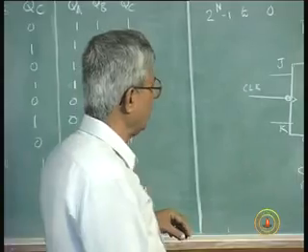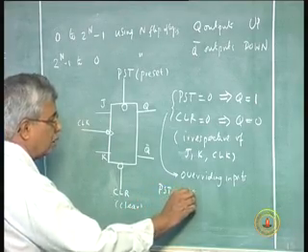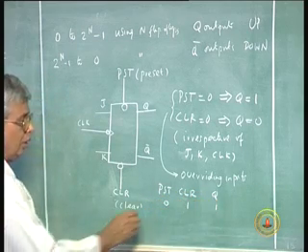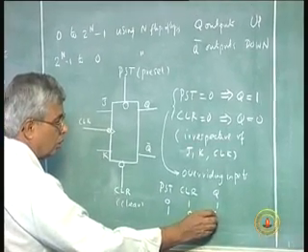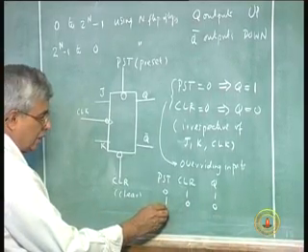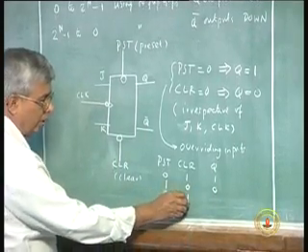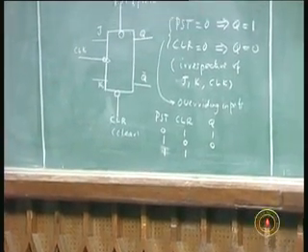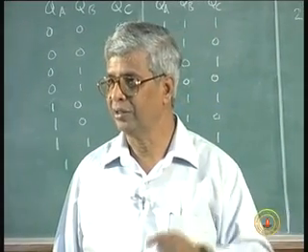So, that means I can now write a table which is called a preset clear table, with preset, clear and Q. Preset is 0, clear is 1, output is 1. Preset is 1, clear is 0, output is 0. When preset is 1 and clear is 1, then and only then the flip flop functions normally, taking j and k as the inputs and the clock cycle.